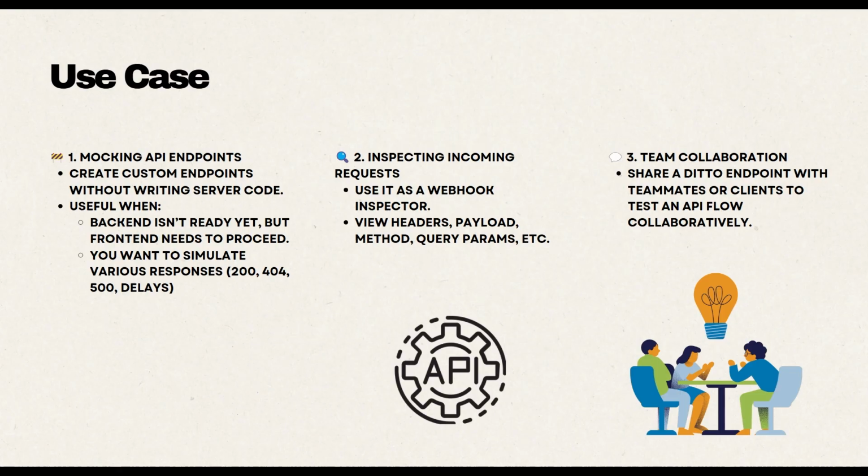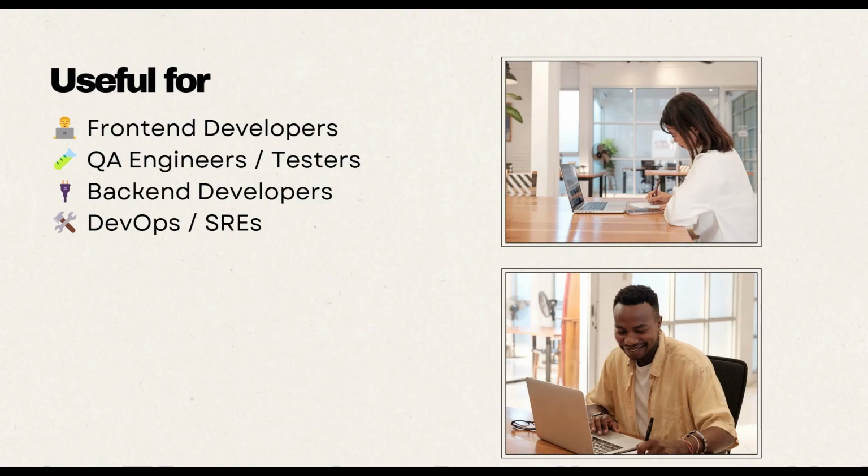Once it is ready they can just replace it with the actual URL, and everything, payload, query parameters, header, authorization, remains the same. So this can be useful for front-end developers, QA engineers or testers, back-end developers, and even DevOps and SRE.